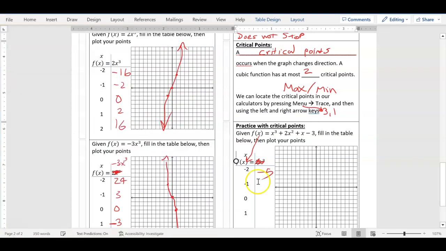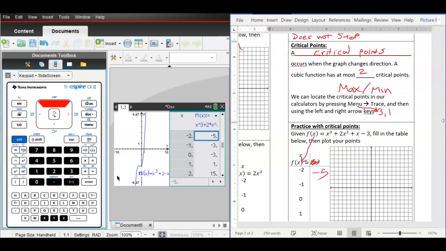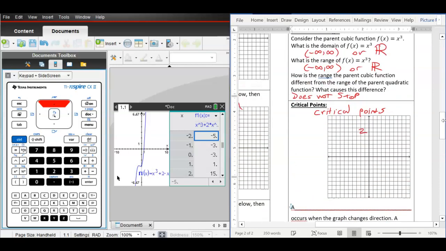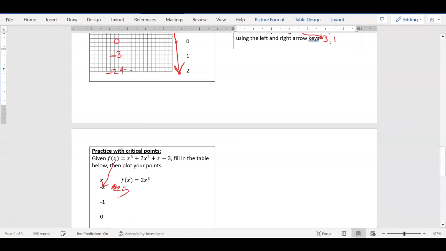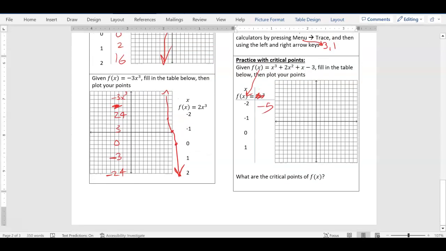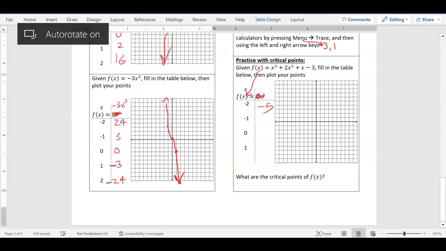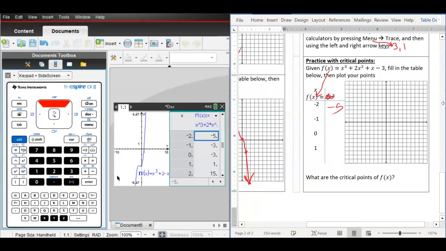-2 is -5. -1 is -3, 0 is -3, and 1 is 1.